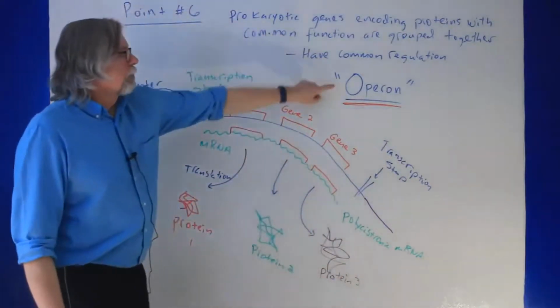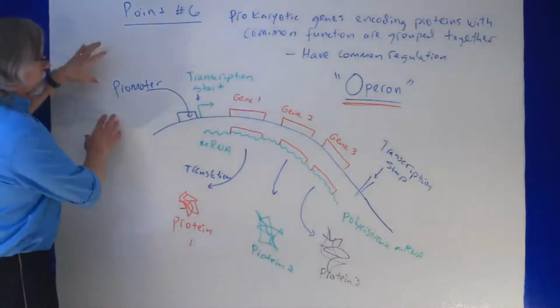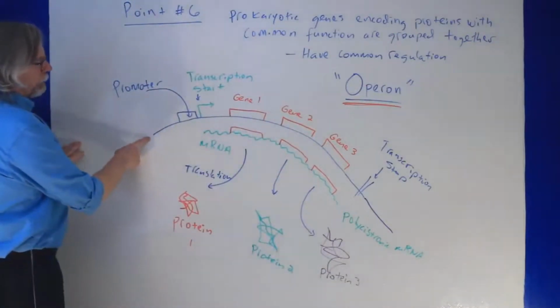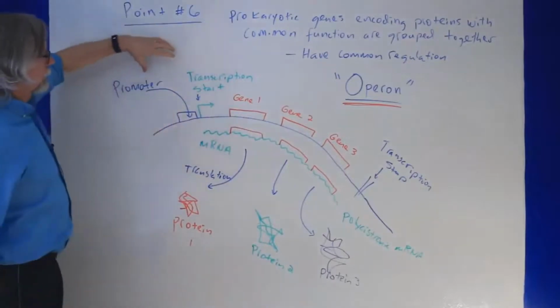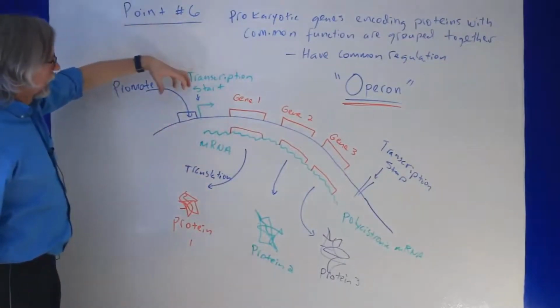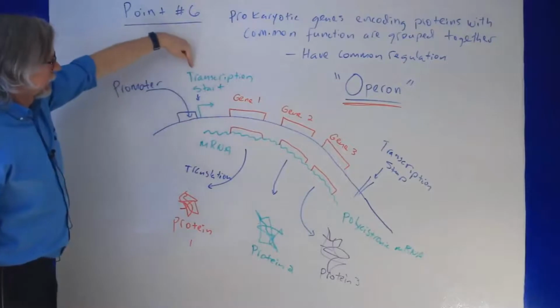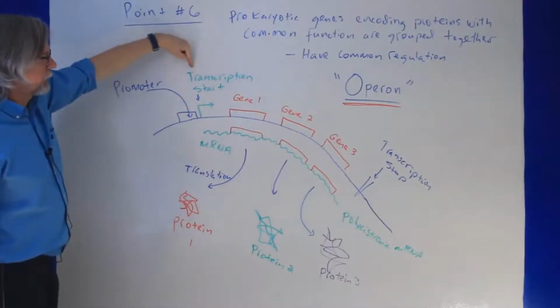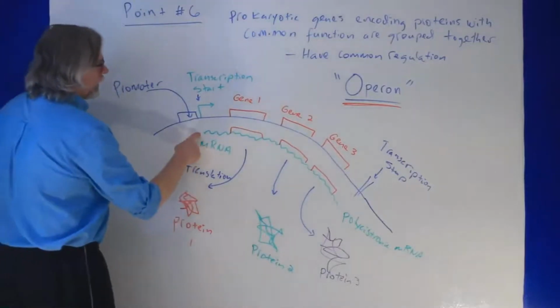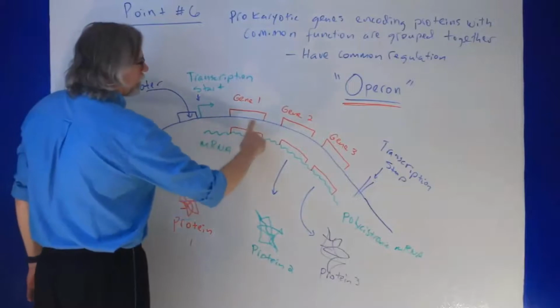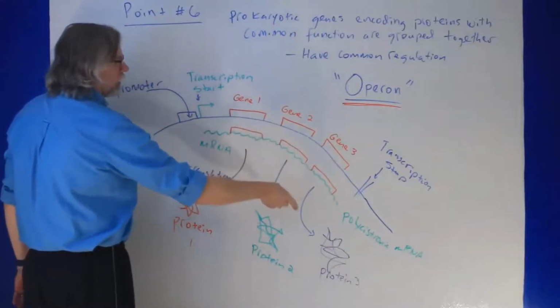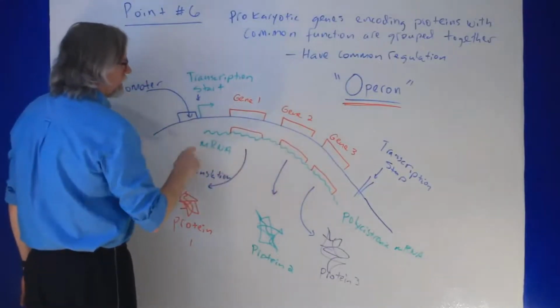So the operon looks something like this. At the DNA level, the blue line here, there is a promoter which is going to be guiding RNA polymerase to bind at the site of transcription start. Transcription will start here and make an RNA, and it's going to transcribe however many genes are in the operon. This example has 3 genes.